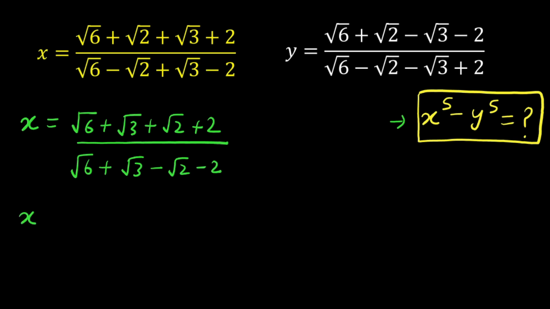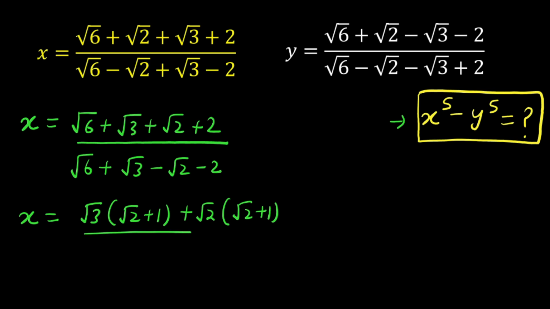Then x = ... look carefully, in the first two terms, if we take √3 common, you will get √2 + 1, and here if we take √2 common, you will get 1 + √2, and we know that 1 + √2 is the same as √2 + 1. And in the denominator part we have √3 + √6.